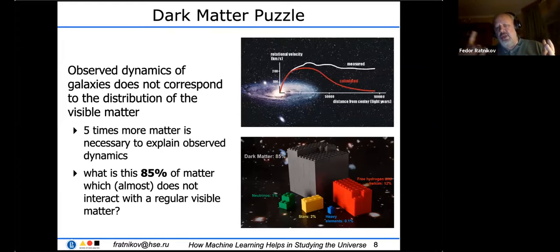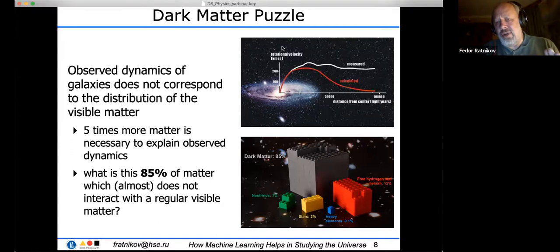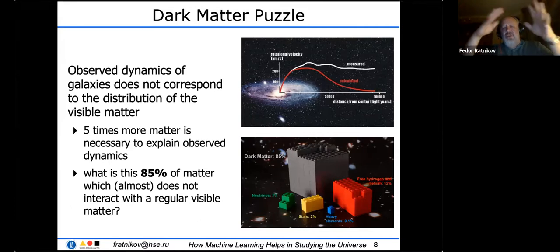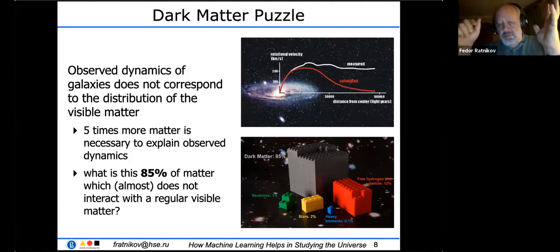So we can calculate those rotation speeds as a function of distance from the center of the galaxy here, based on the mass distribution of the visible material. This is the red line. Essentially it means that the mass is concentrated closer to the center, and far from it the rotation speed is decreasing.